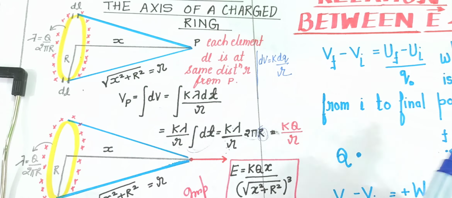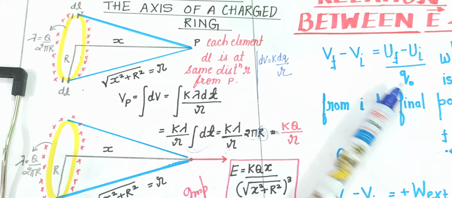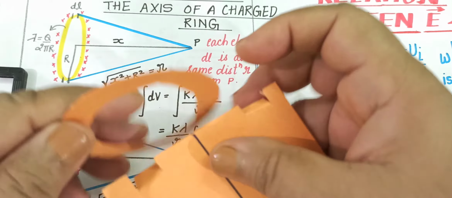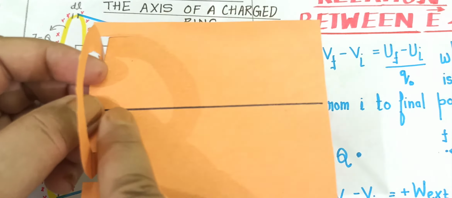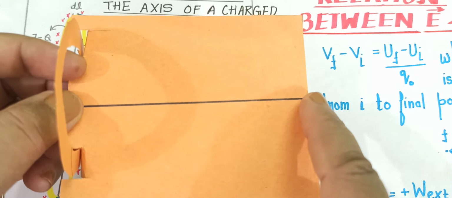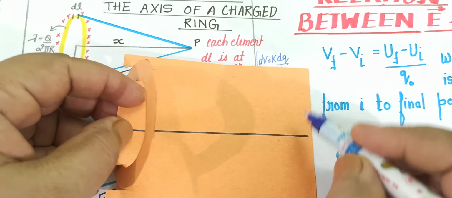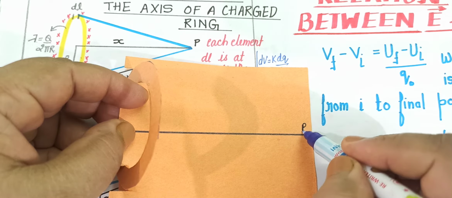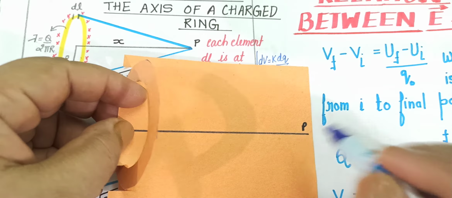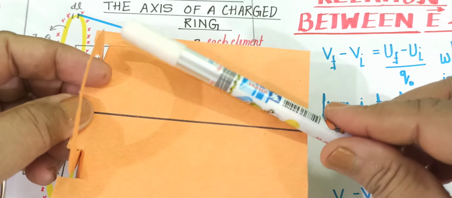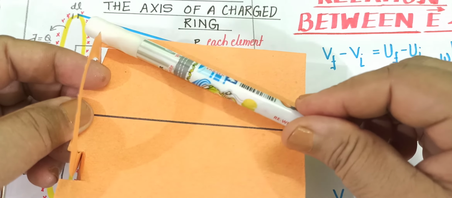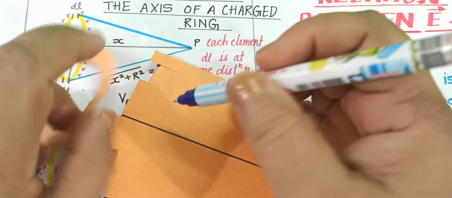And you can see that, this is the ring, and this is the axis of the ring, and all the elements are at equal distance from this point P. Just check it out.